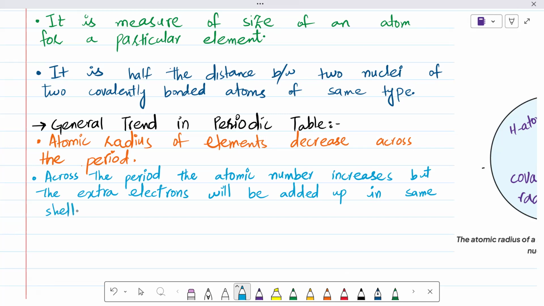That is why we are saying that across the period, the atomic radius decreases.